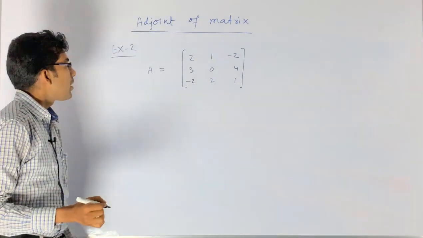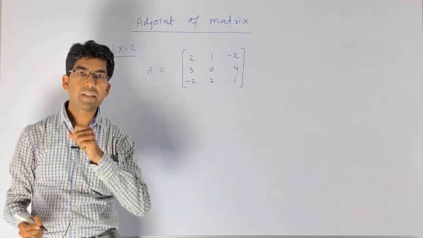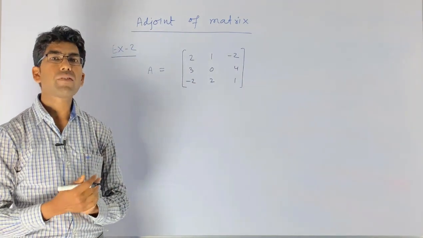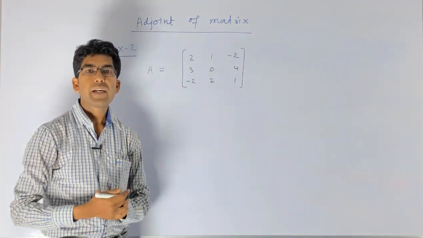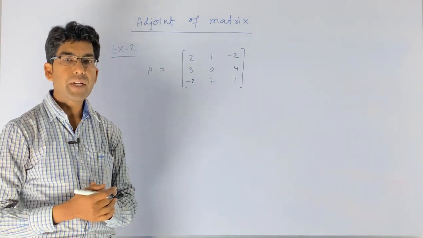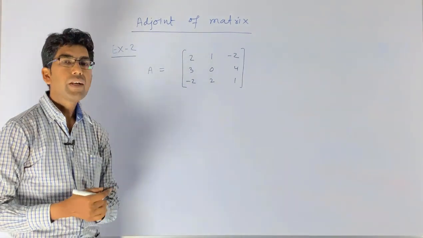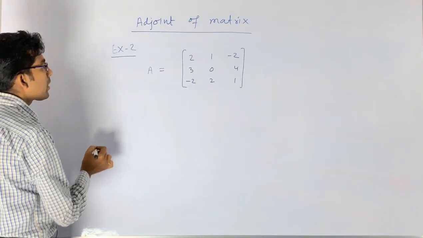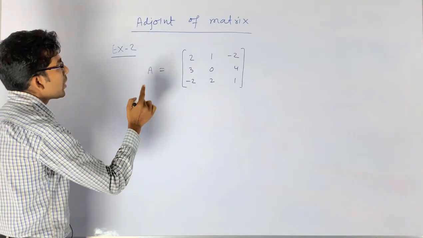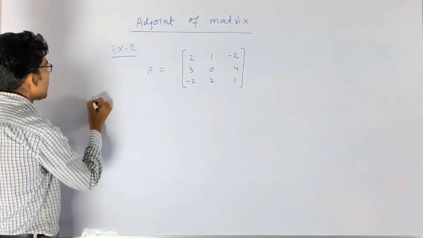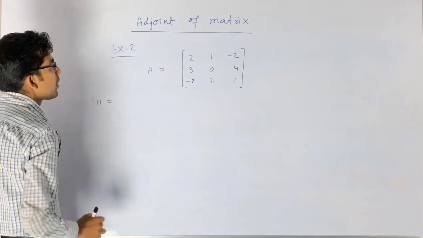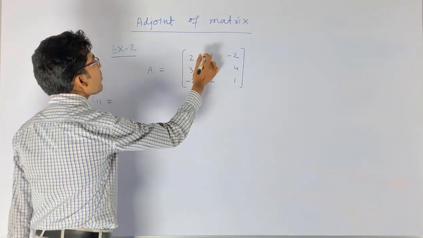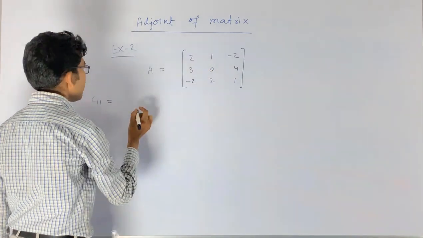Now, this matrix contains 9 elements, and for each element we have to calculate the cofactor, and after calculating the cofactors we have to take the transpose. Now, calculate the cofactor for each of the elements. So, C11. For C11 we have to delete the first row and first column.